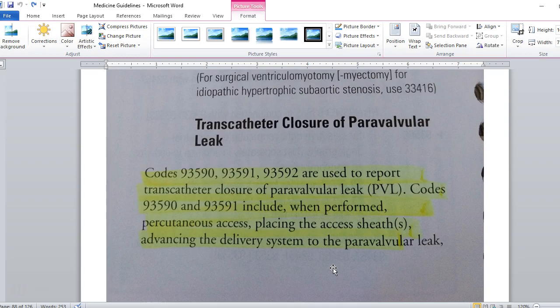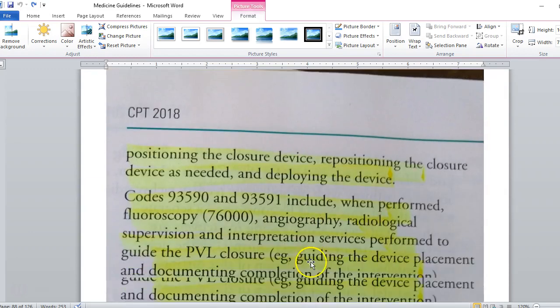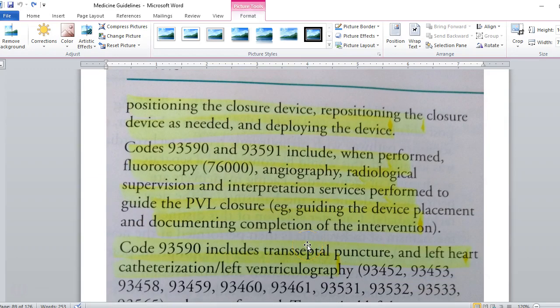Codes 93590 and 93591 include, when performed, percutaneous access, placing the access sheaths, advancing the delivery system to the perivalvular leak, positioning the closure device, repositioning the closure device as needed, and deploying the device. So again, getting there and being able to get to the exact area and opening, that's the deploying, the opening of the device is all inclusive here, okay?